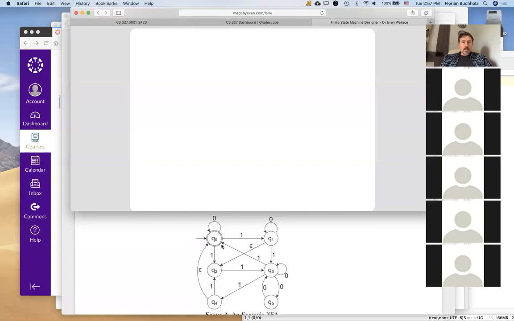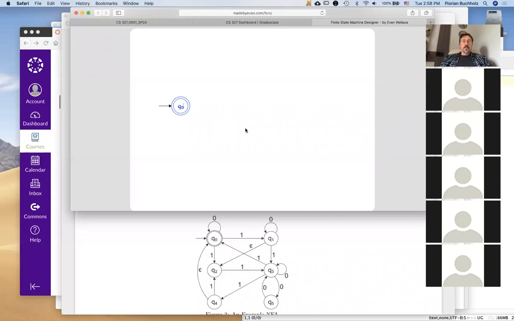And I'm not seeing any. So indeed, Q0 is our start state, like that. It is also an accepting state because it is one in the NFA.